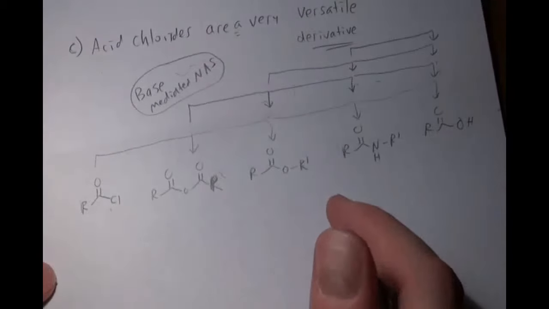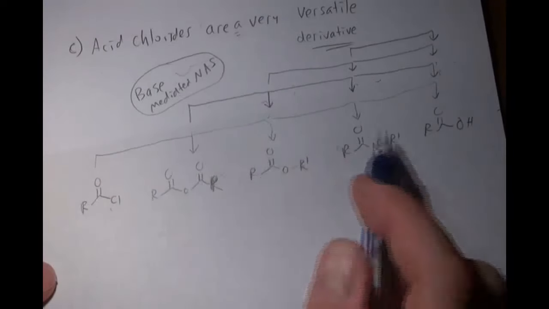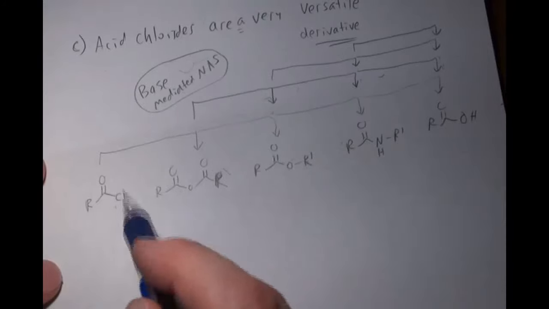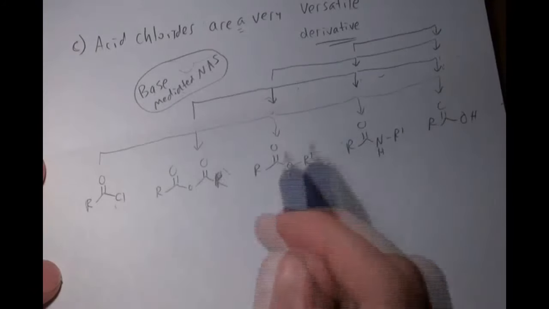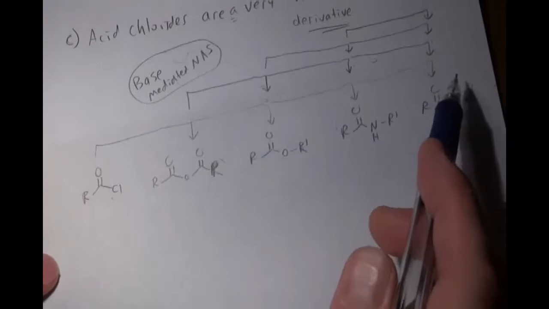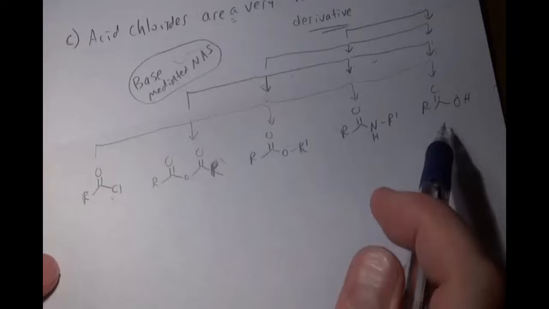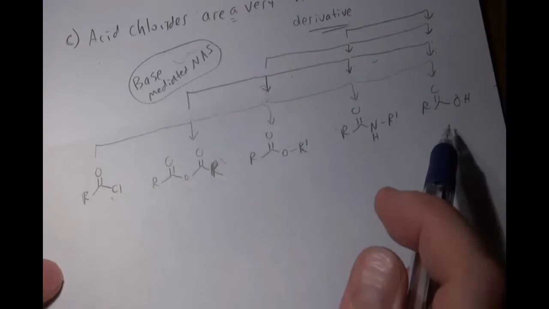Okay, base-mediated NAS is how it's pretty easy to go from left to right. Now there's going to be a little bit of wiggle room, but this is actually a pretty easy chart to visualize, I think, right? Now if it's very easy to go from left to right, then how do we go from right to left? Well, that's hard because that's a bad leaving group, right? You have the worst leaving group in the world.